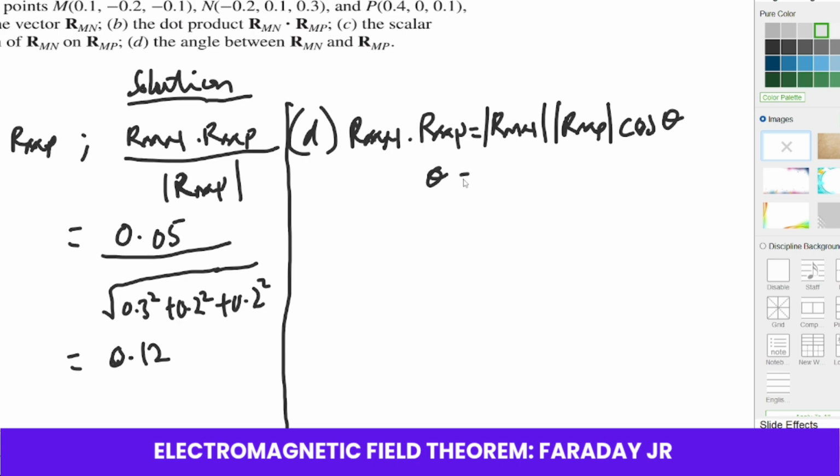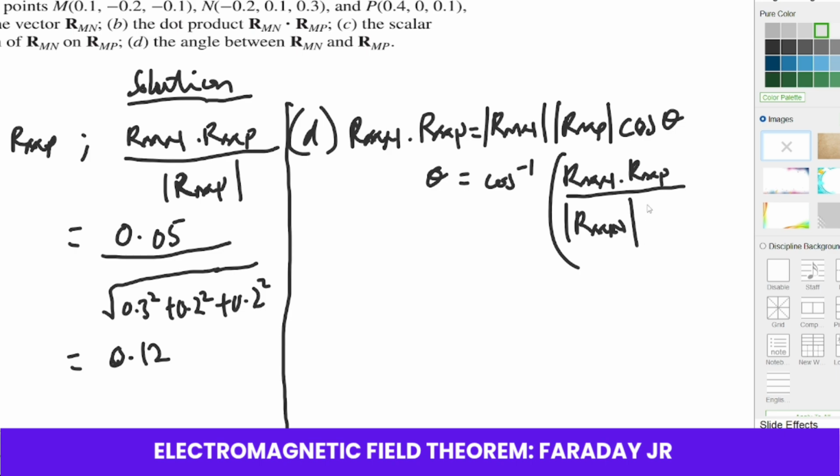So my theta is equal to cos inverse of RMN dot RMP all over the magnitude of RMN times the magnitude of RMP.